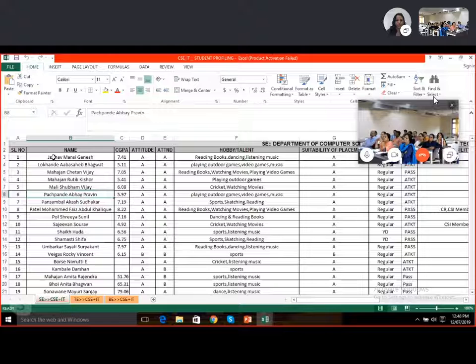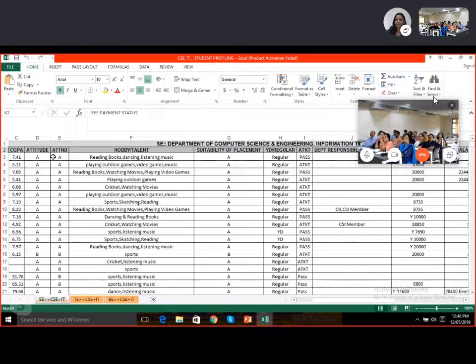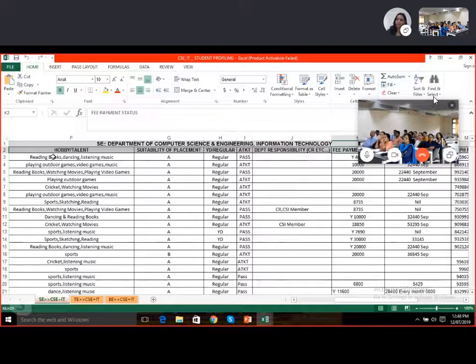In the profiling sheet, we have their name, their CGPA, their attitude, meaning their behavior, their attendance, their hobbies, their talents, suitability for placement, whether they are regular or have any year down, etiquette, department responsibilities they carry, and other personal things. Why?